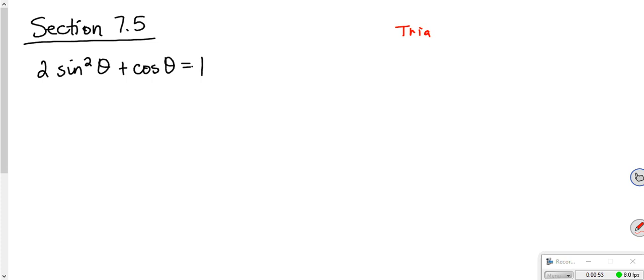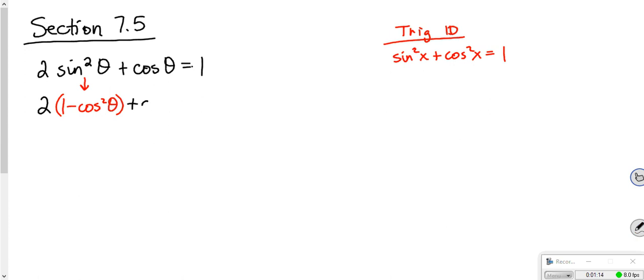The trig identity, remember, is sine squared plus cosine squared equals 1. So I'm going to substitute in here for the sine squared: 1 minus cosine squared. Then the rest of my equation looks like this.